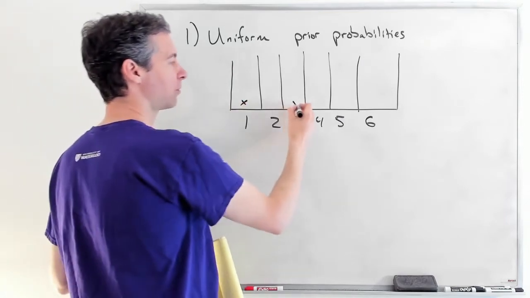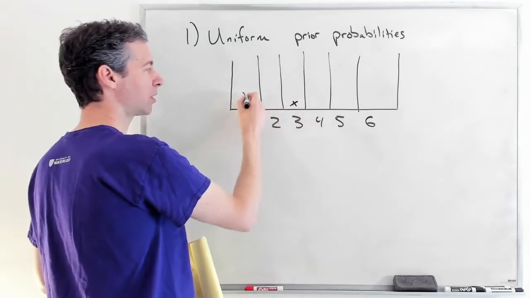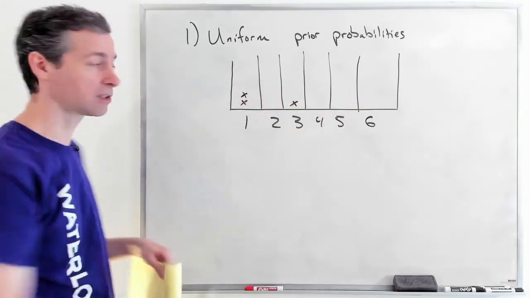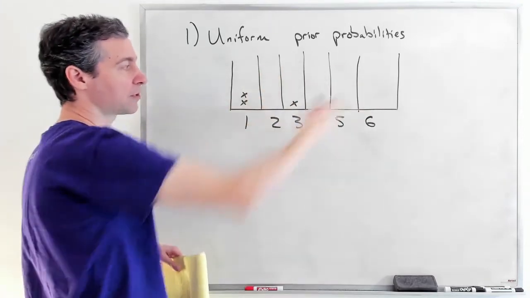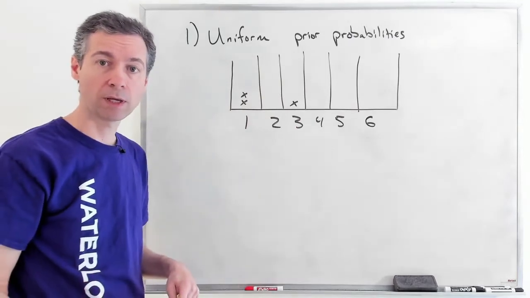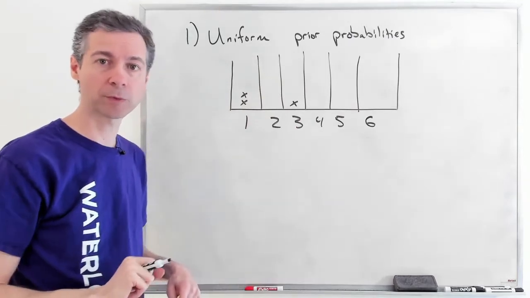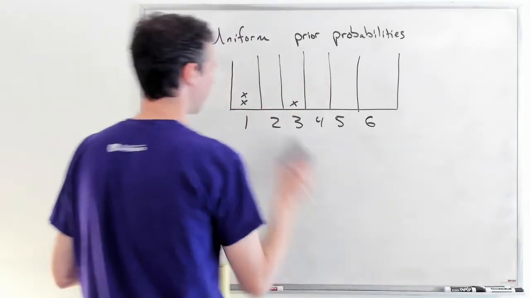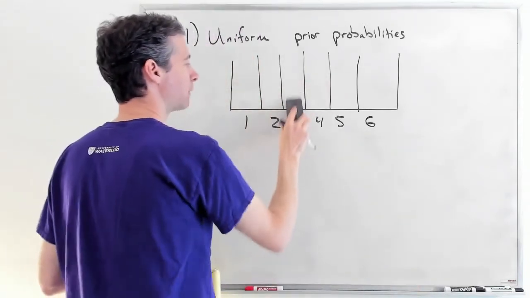If I rolled a 3, I'd put an X here. If I roll a 1 again, I put a little X here. And I could keep track of my rolls, and at the end I would look at what was in the bins, okay? And then I would be able to do my maximum likelihood estimate after I'd done this 100,000 times or something like that, all right?